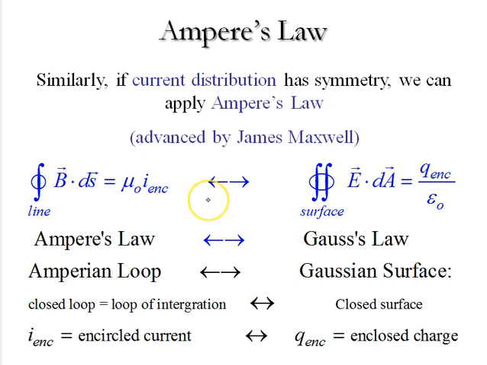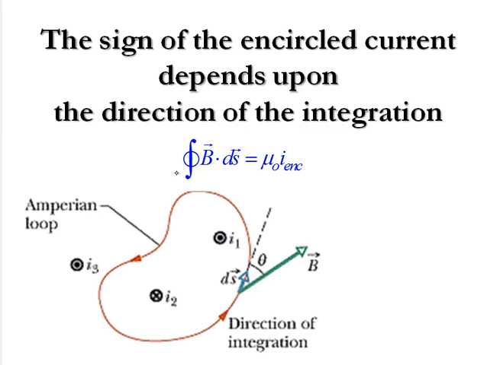So that direction of flow needs also to be considered when we're doing our closed integral of B dot ds equal to the permeability constant times our encircled current. The sign of that encircled current has a dependency upon the direction of integration. So in what direction are we going to go around whatever our line of integration happens to be?